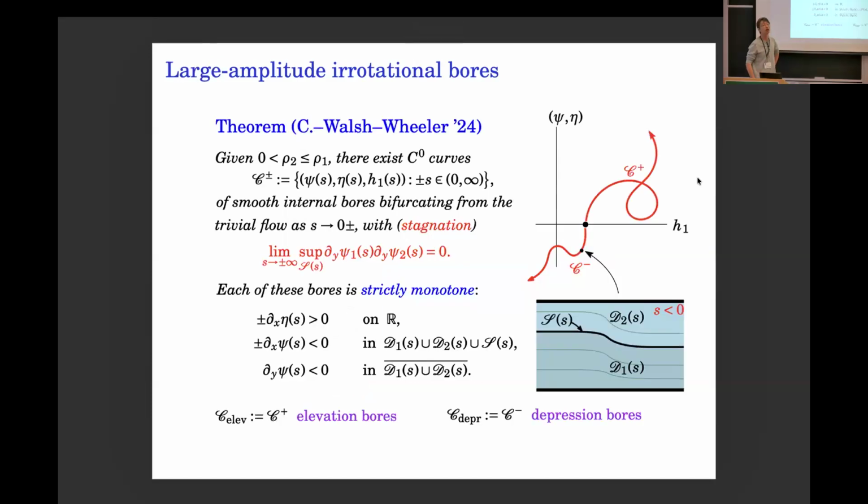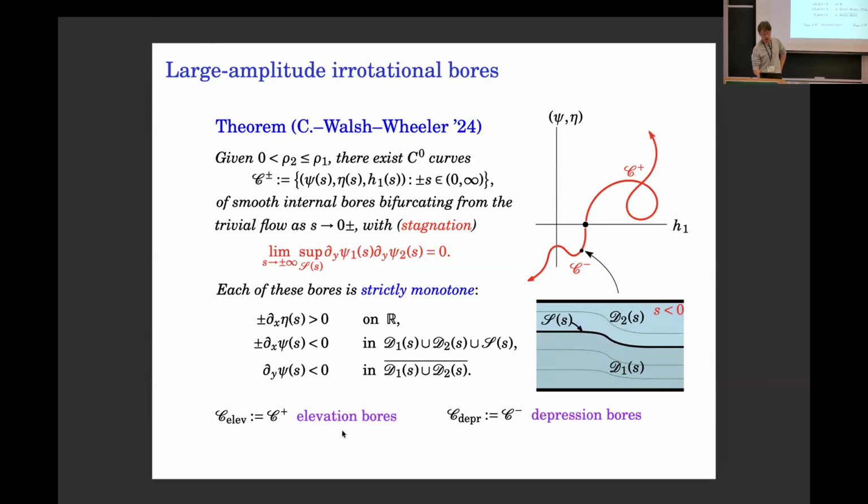And if you continue this bifurcation curve, this is global bifurcation. This is a result where the work was completed about 5 years ago, but only appeared about 2 years ago. We were able to continue this local bifurcation curve to the global branch, 2 branches, plus and minus branches.